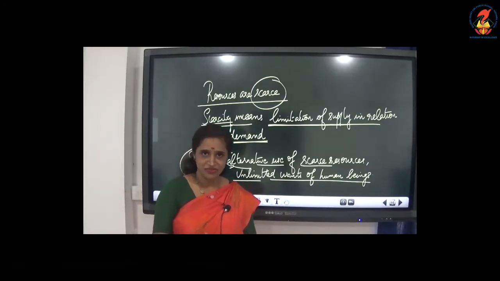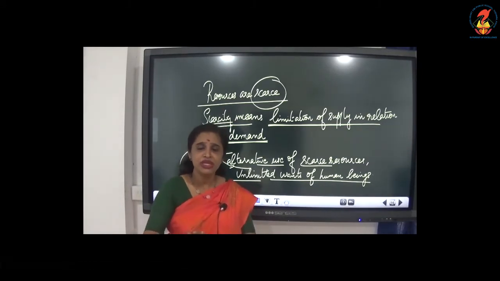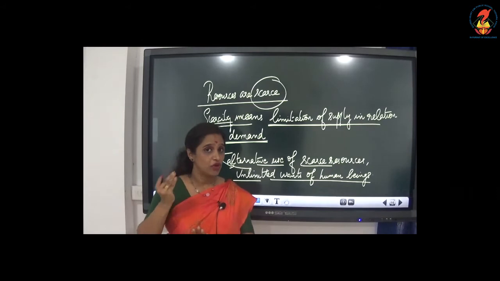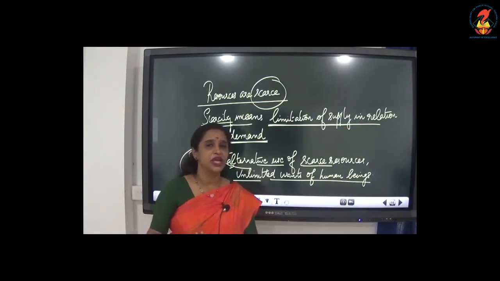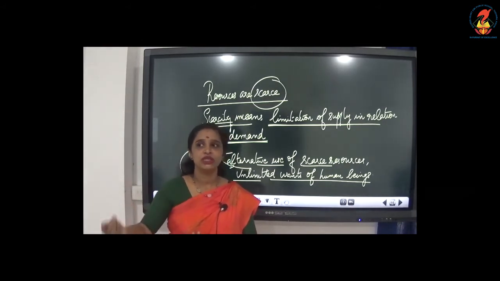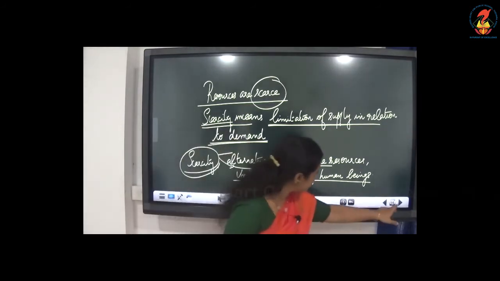At the same time, the wants of human beings are unlimited. If we are human beings, our wants will definitely be unlimited. If one want is satisfied, a new want emerges. So along with scarcity, the other two problems that are common in an economy are that scarce resources have alternate uses, and at the same time the wants of human beings are unlimited.